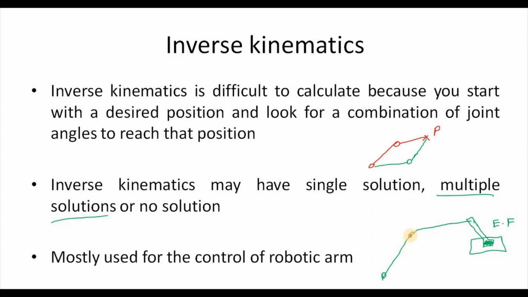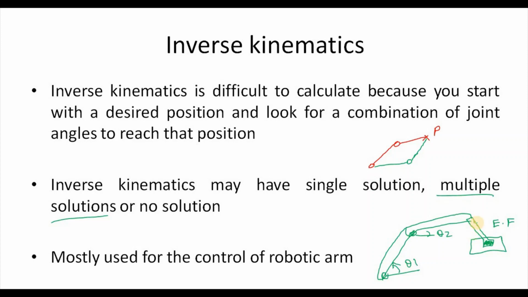theta 1 and theta 2, and you need to control these two angles so that your robotic arm stays at the desired location or position. So here we use inverse kinematics.